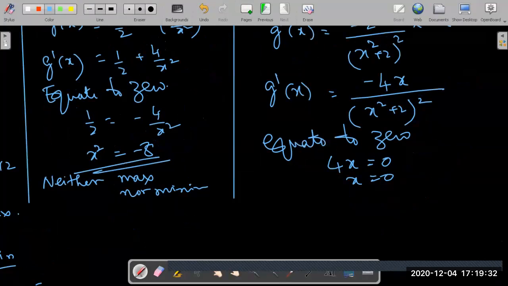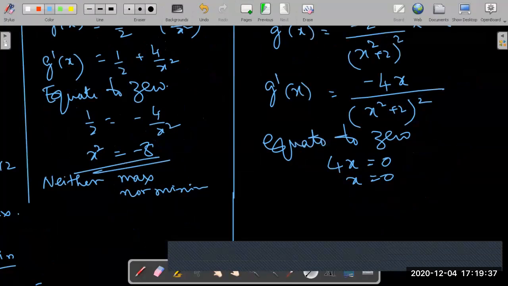Now we have to do g double dash x. G double dash x is again a big one.